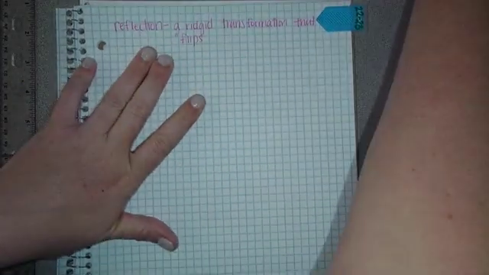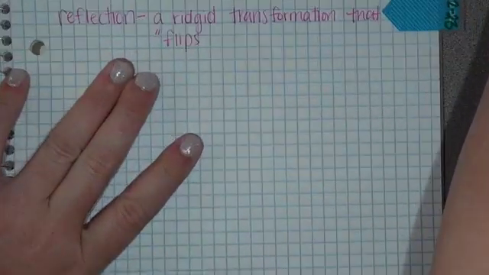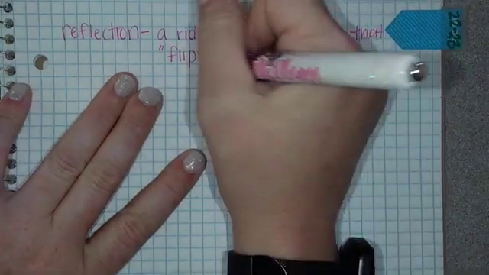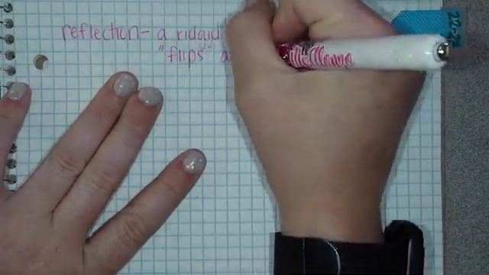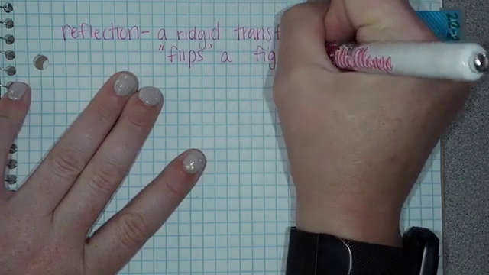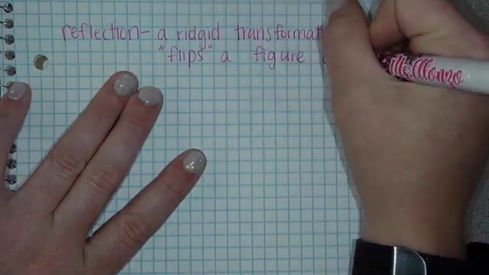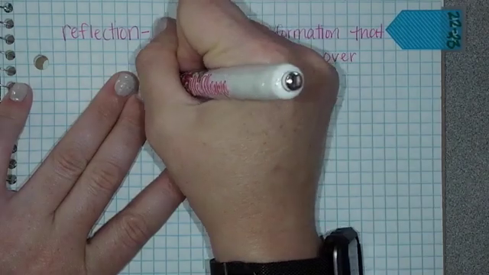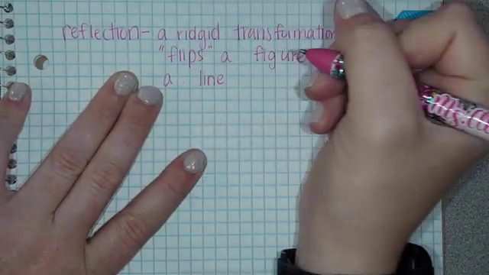Oops, I should have zoomed in. I apologize about that. Let me zoom in now. Flips a figure over a line. And we're going to use the letter E.